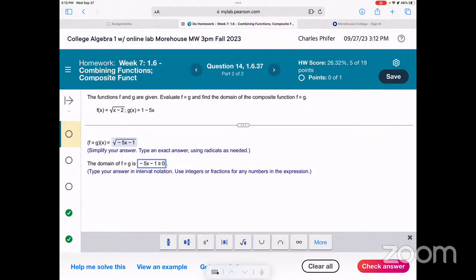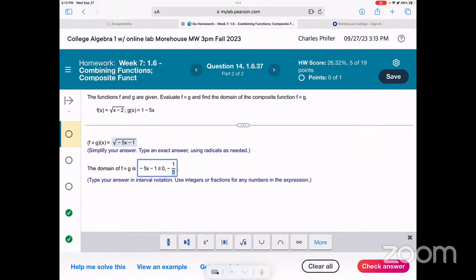So then if we keep working, solve for x, I'm gonna add the 5x and then divide by 5. That'll give me negative 1 over 5 needs to be greater than or equal to x, I think, right? Because if we add the 5x and then divide by 5, we get this, right?